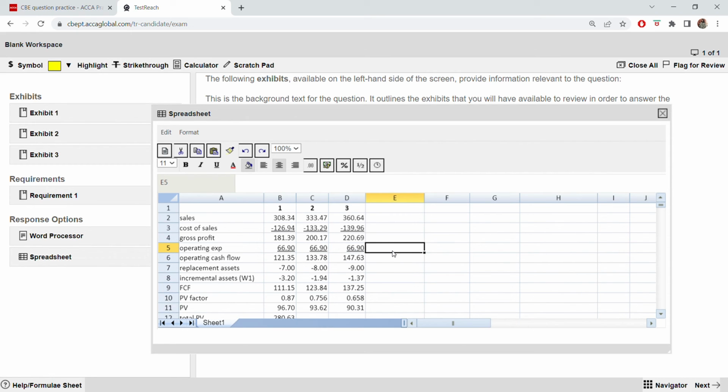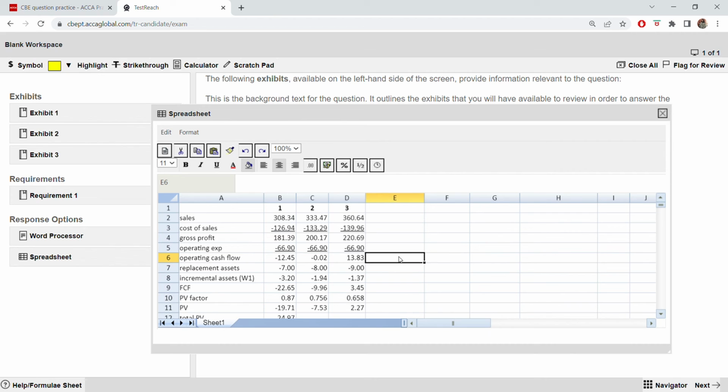Okay, but that 66.9, they'll be negative. So just put a negative figure to it. Minus. Minus. Minus. Okay.